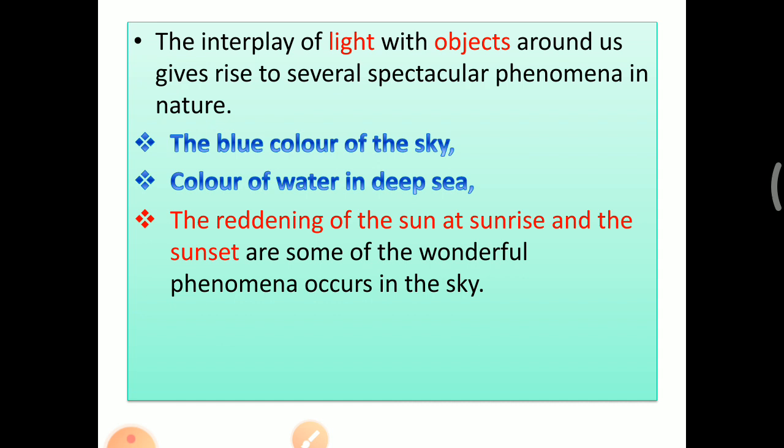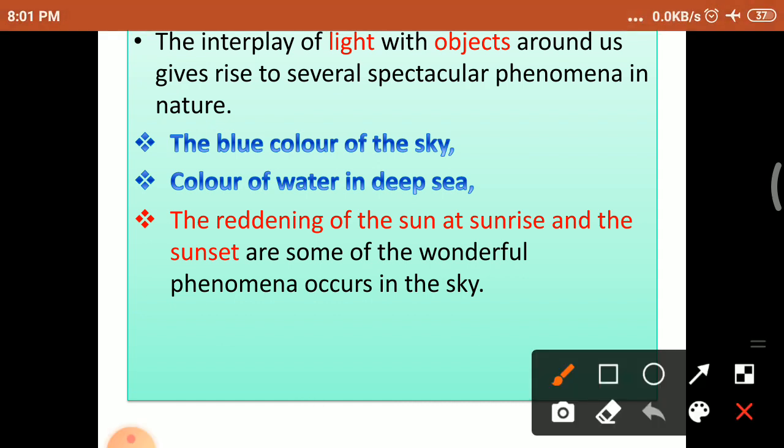The interplay of light with objects around us gives rise to several spectacular phenomena in nature. That means when light falls on an object, it gives us several spectacular phenomena in nature. So what are they?